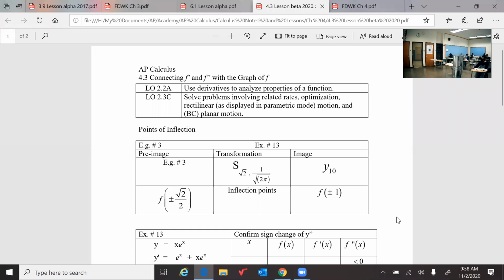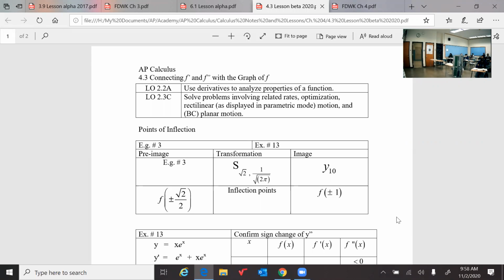Okay, so before we get to 13, I just want to point this out to you. You saw in example 3 that the inflection points occur at the square root of 1/2 and the opposite of that. Another way to write that is root 2 over 2. To get to the standard normal curve, which only really interests the people in statistics right now, this is the magnitude of your scale change.